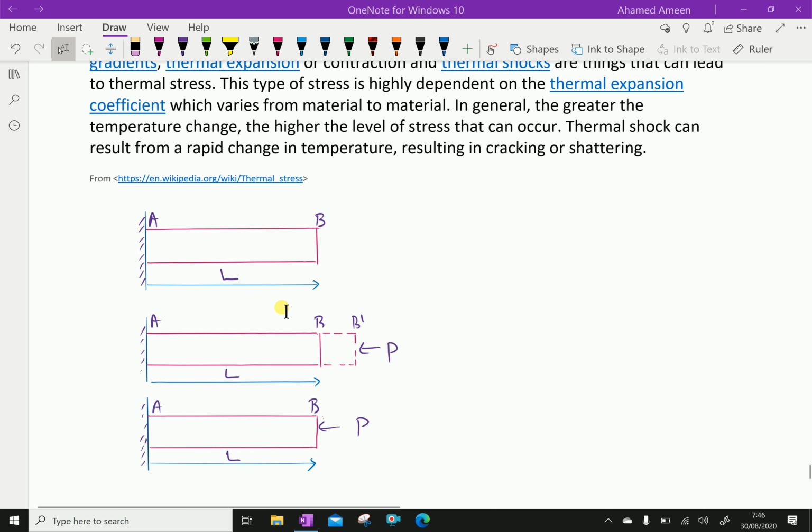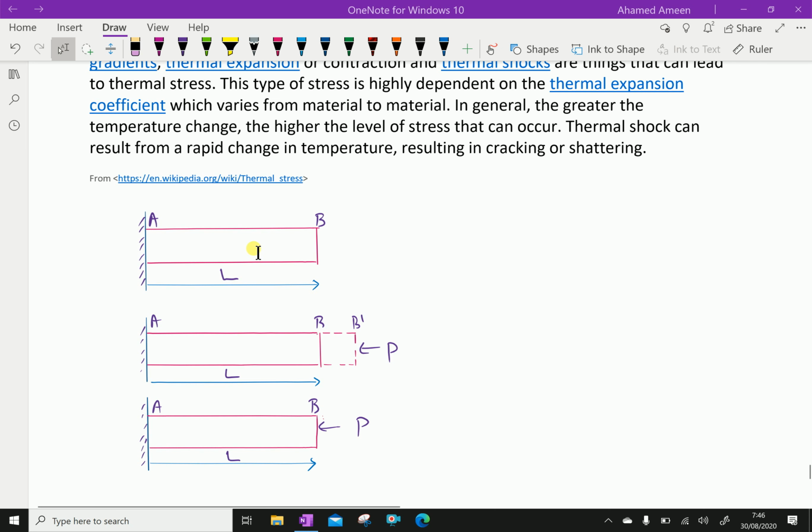Thermal stresses are the stresses induced in a body due to change in temperature. Thermal stresses are set up in the body when the temperature of the body is raised or lowered and the body is not allowed to expand or contract freely. Suppose, look at this first figure.